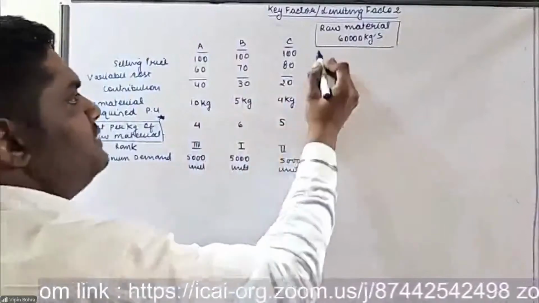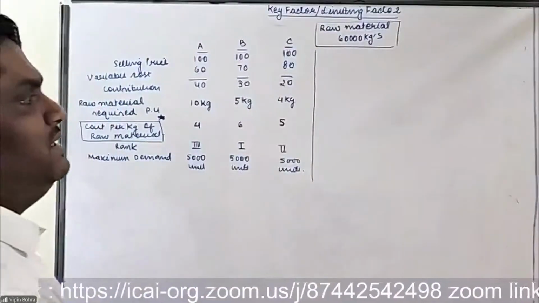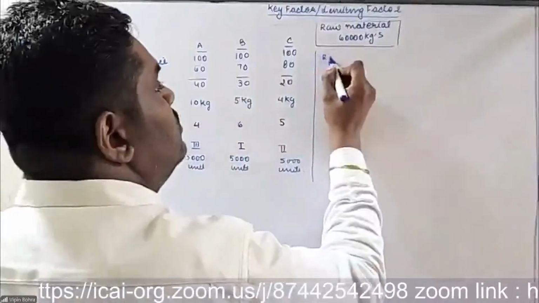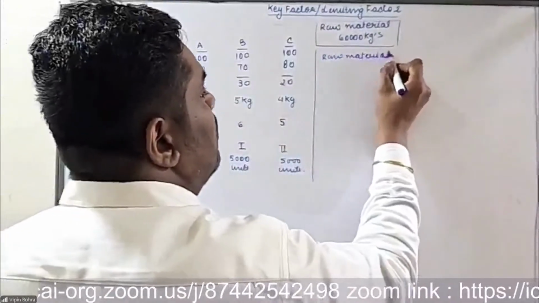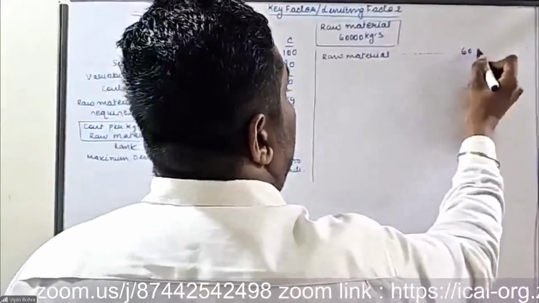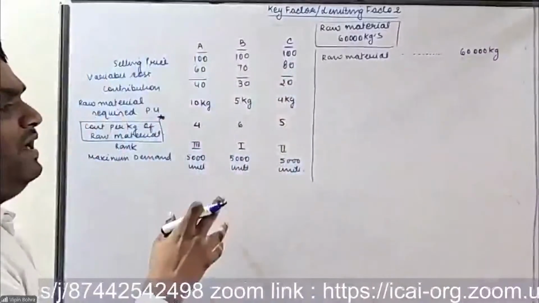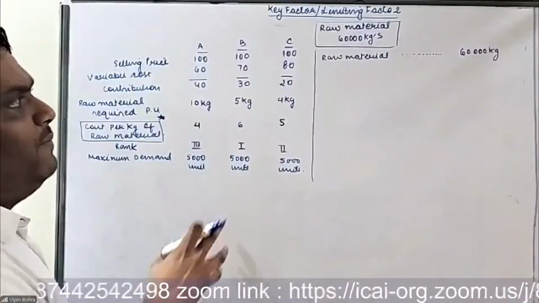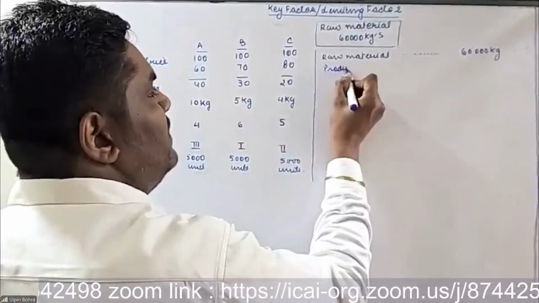Now the question is how to utilize this raw material of 60,000 kgs. So my raw material available is 60,000 kgs. Now, since we are getting the highest amount of profit by manufacturing product B, first product B will be manufactured.